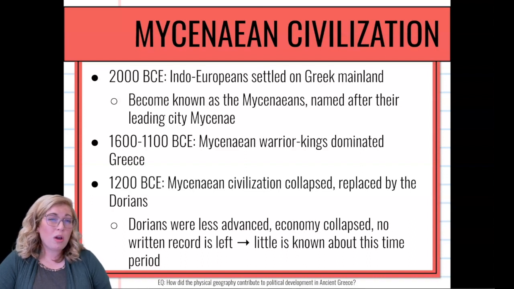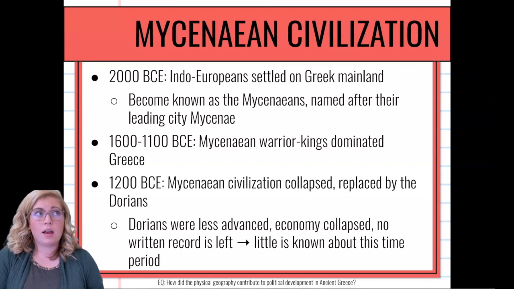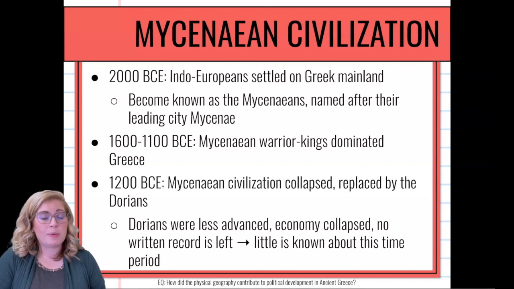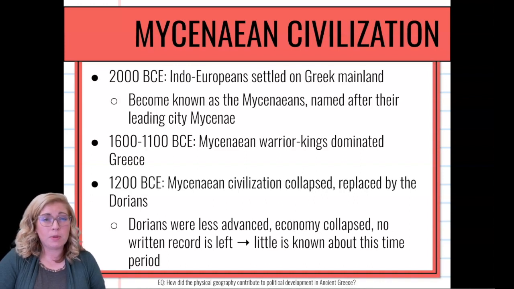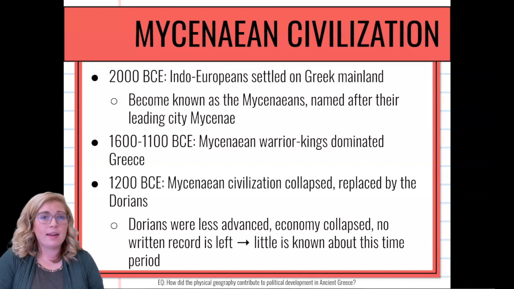What we do know about this time period a little bit, it was kind of more word of mouth. So things that were passed down generation to generation, tales and stories that were told. The book talks about a guy named Homer, not Simpson. He was a writer during this time period, and he creates the Odyssey, the Iliad, some very famous Greek works, and his stories kind of get passed down, and others like him.